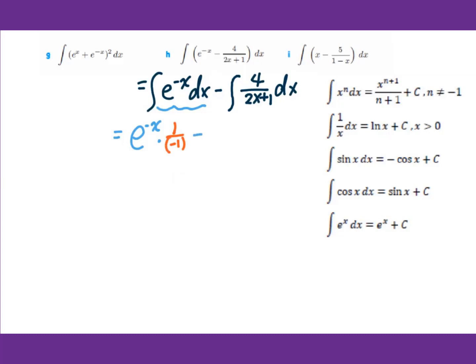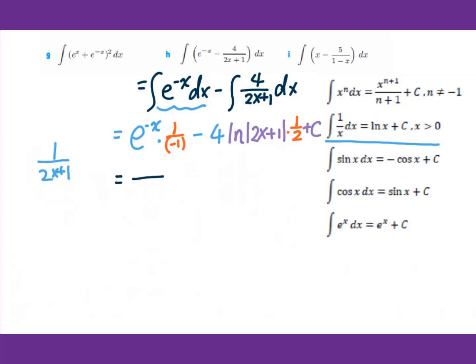Then minus, here I take a 4 outside. You will get 1 over 2x plus 1. That's like this. So you will get the natural log of 2x plus 1. But don't forget that 1/a, that 1/2. Then you plus c.